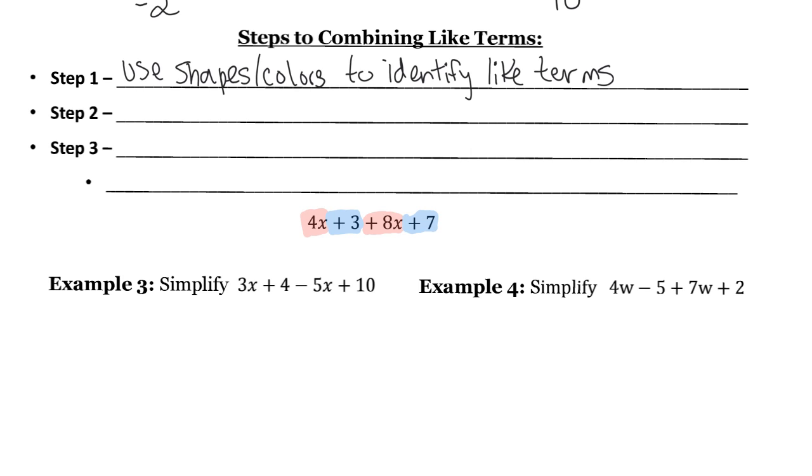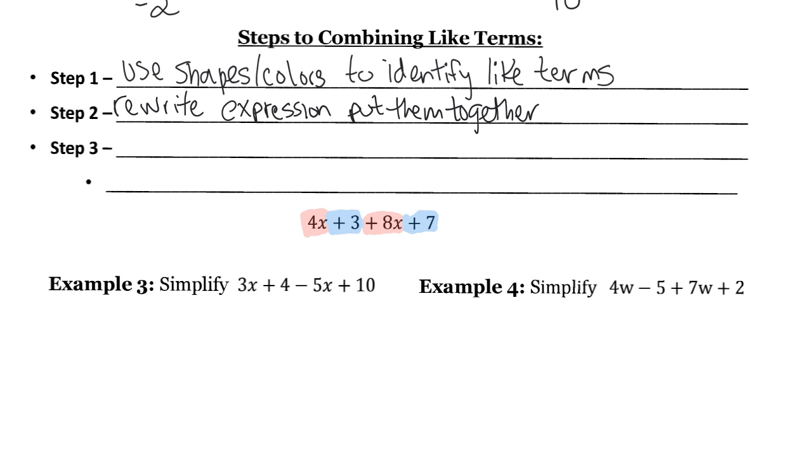So my next step after I identify what these like terms are is I'm going to rewrite this expression with them together. Okay, so I'm going to rewrite this. I didn't really leave myself a lot of room, but I think I left you more room.